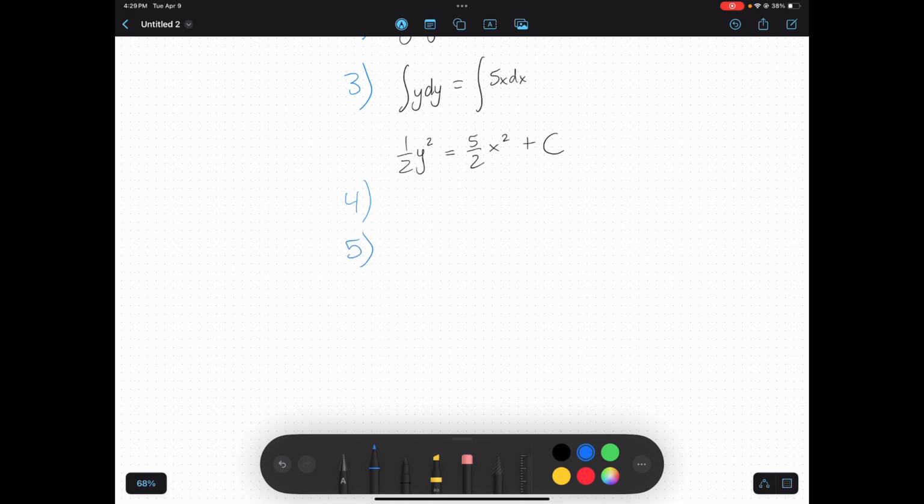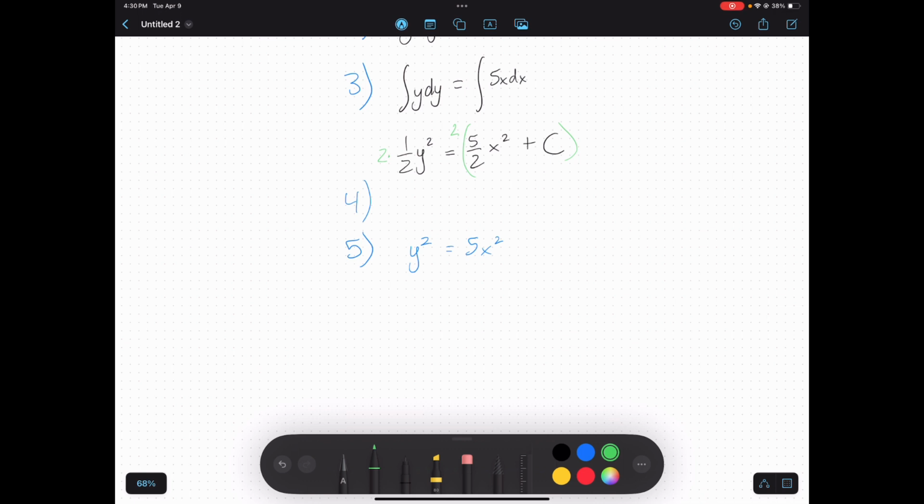So step number 5, solve for y. I'm going to multiply everything by 2. I get y squared equals 5x squared. If I had solved for my constant, when I multiply both sides by 2, I would also need to multiply that constant by 2. I would need to make sure to make those changes to my constant value as well. Otherwise, I won't get the right answer when I'm done.